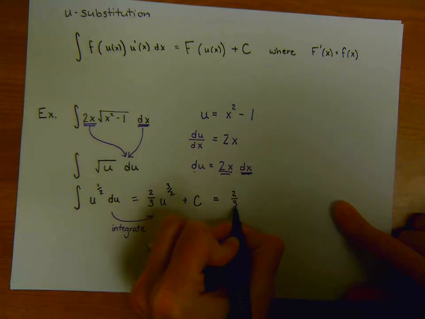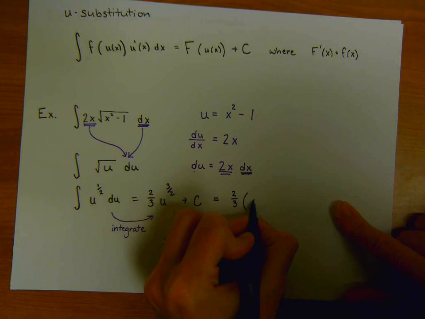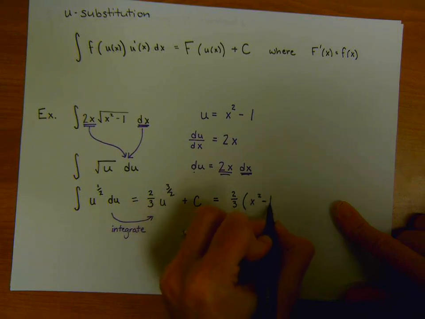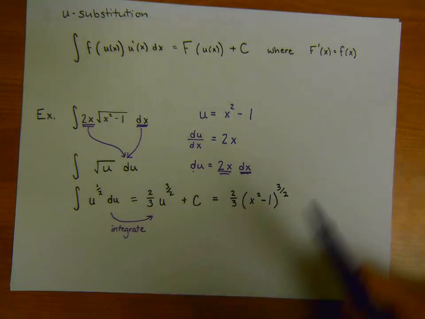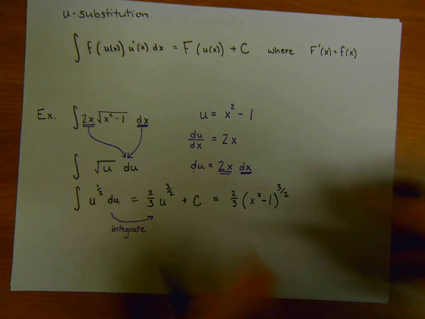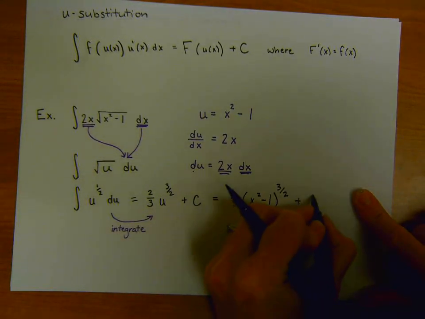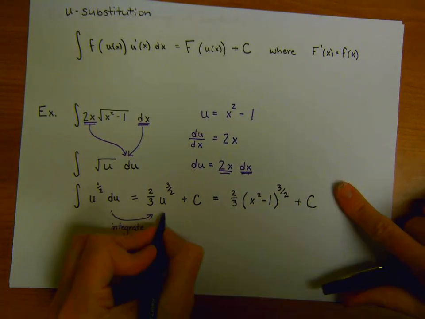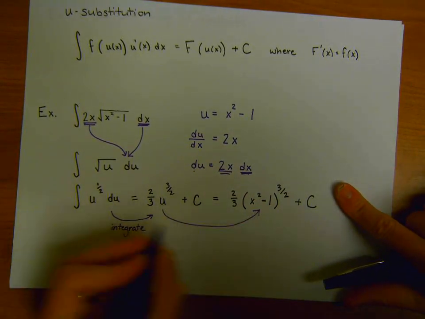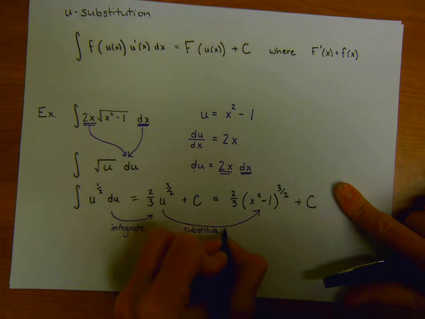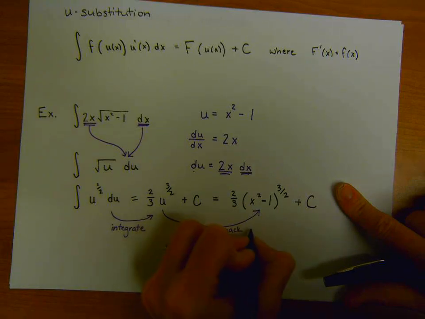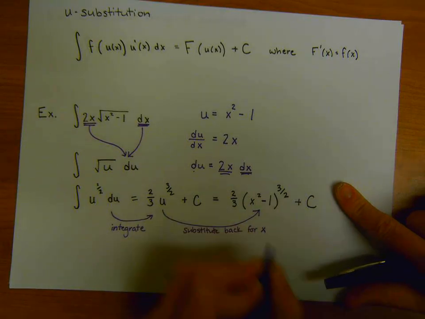So 2/3 times u, where u was just x squared minus 1, and I'm going to raise that to the 3/2. So after I integrate, plus c. Substitute back for x.